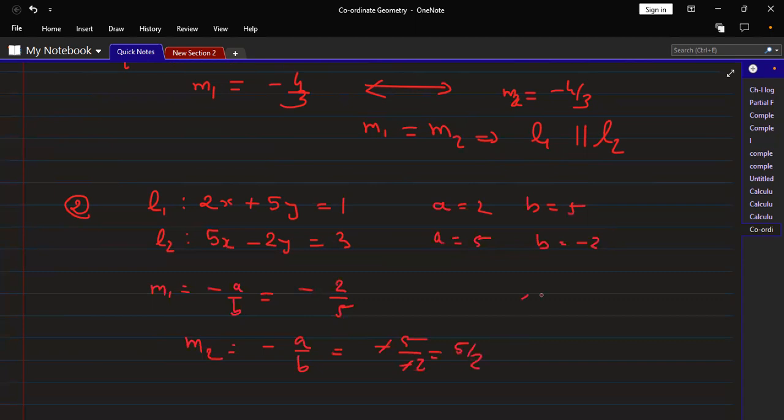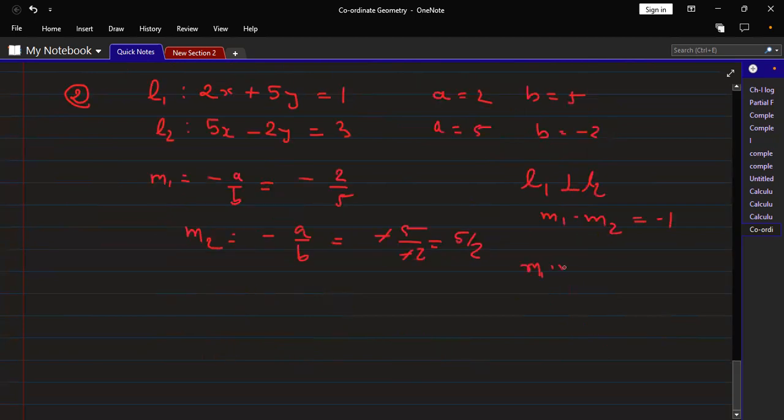So now for checking whether L1 is perpendicular to L2, we know that M1 into M2 equals minus 1. So your left hand side M1 into M2 equals minus 2 by 5 into 5 by 2.